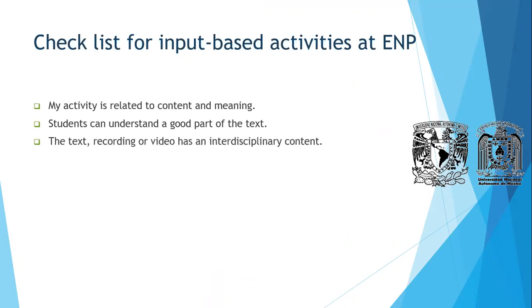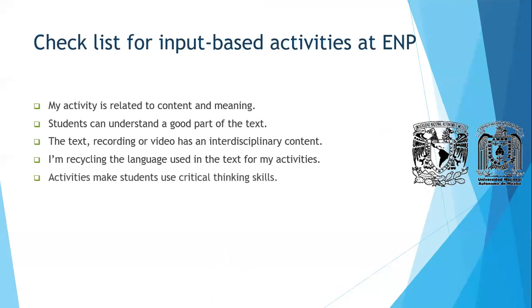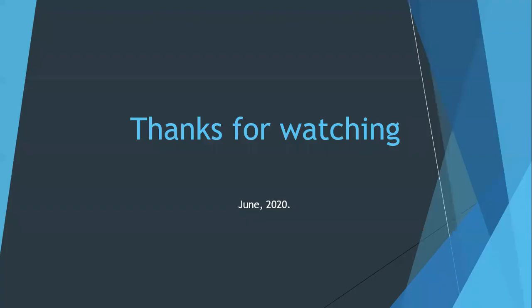The text, recording, or video has an interdisciplinary content. I'm recycling the language used in the text for my activities. Activities make students use critical thinking skills. My activities are a path for students to process information.